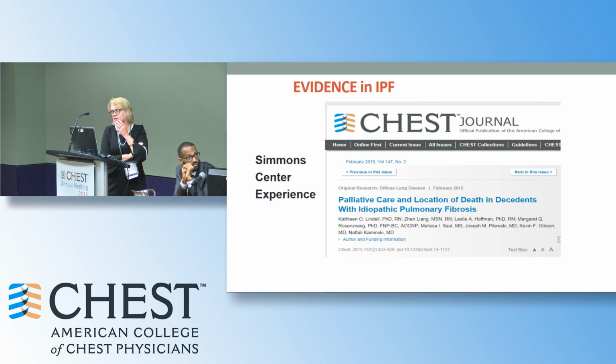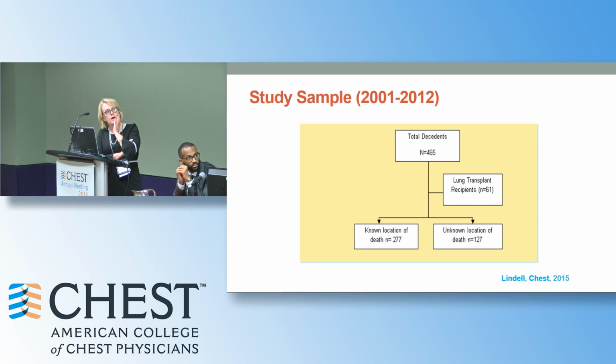We did a study at our center to see where our patients with IPF were dying, and this was published in Chest in 2015. We had a total of 868 patients and 465 decedents. We excluded lung transplant recipients. We were able to find the known location of death for 277 patients.